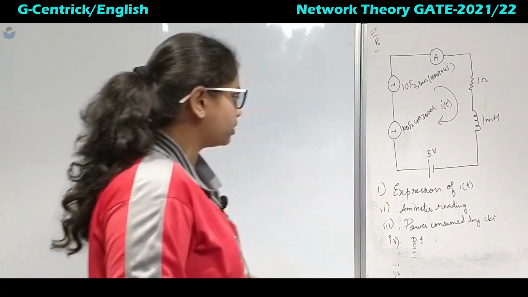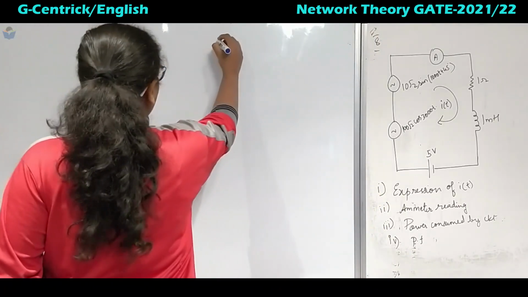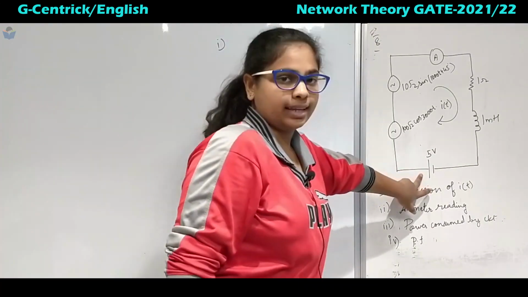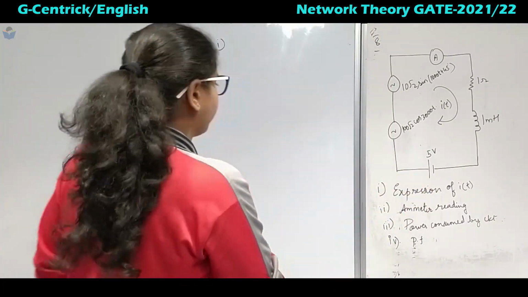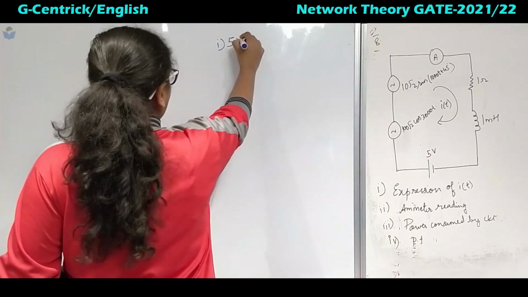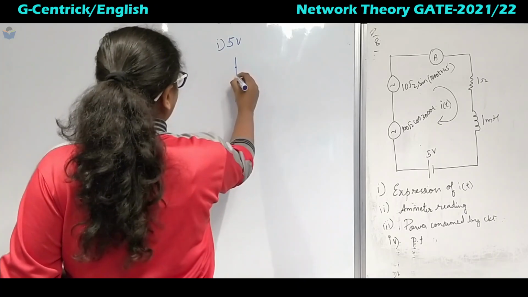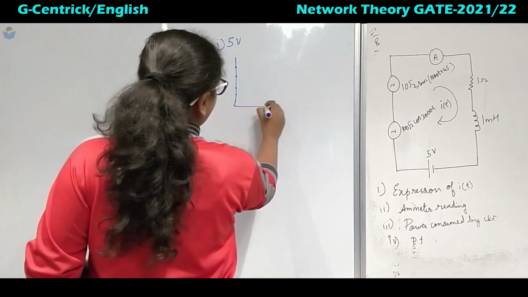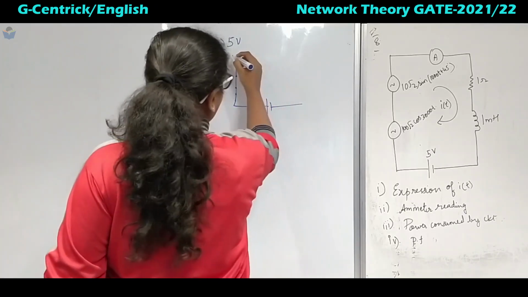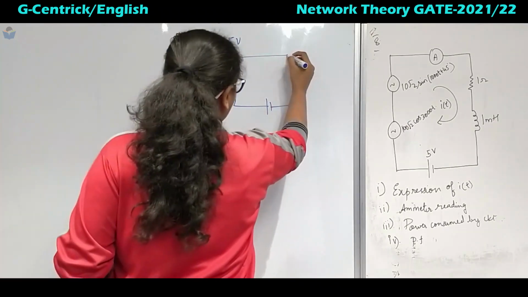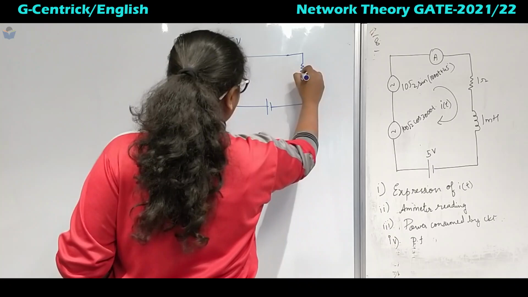First we will solve for the expression of i(t). I'll first take the DC voltage source, 5 volt. All the other sources will be short circuited. The ammeter is also short circuited, because it's just a reading that we have to take.